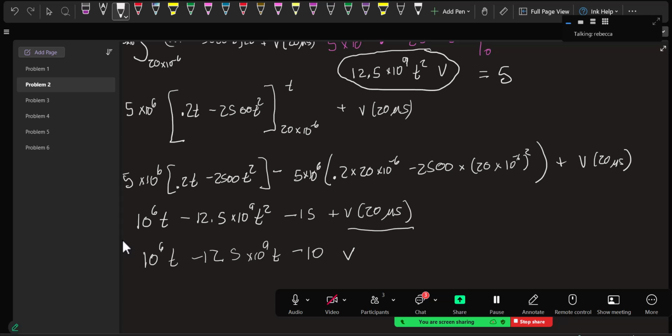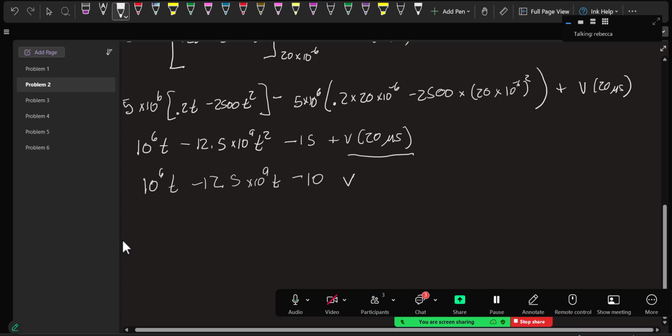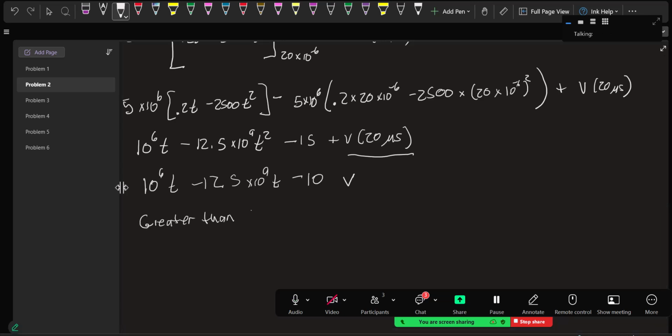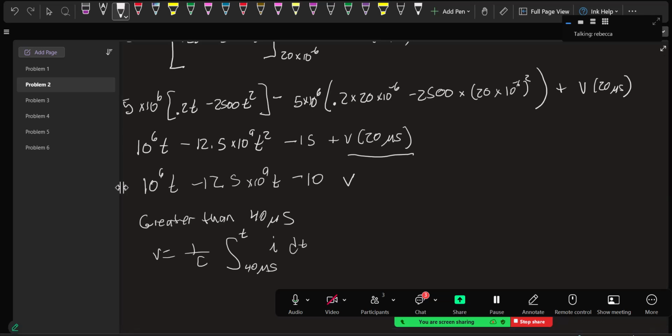Okay, now for greater than 40 microseconds, the voltage will equal 1 over the capacitance, integral from 40 microseconds to t of our current dt, plus the voltage at 40 microseconds.